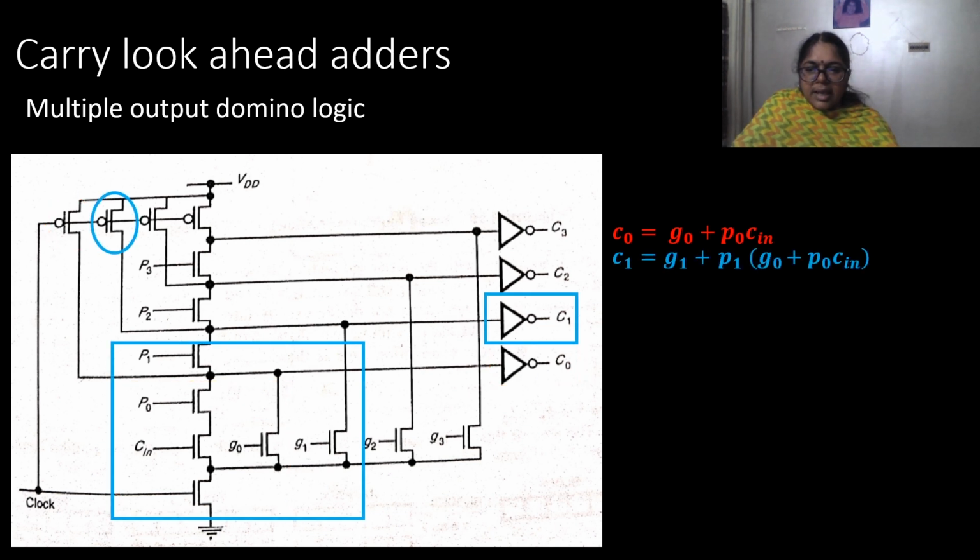Similarly, next P1 into the P0 Cin plus G0, and then the parallel combination with G1, that is C1 is equal to G1 plus P1 into G0 plus P0 Cin. G1 plus P1 into C0 is obtained from this particular part and this PMOS transistor, so that we get C1 at the output of the NOT gate.